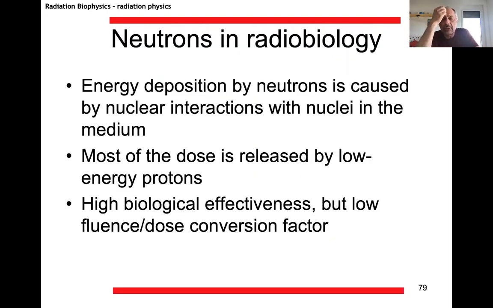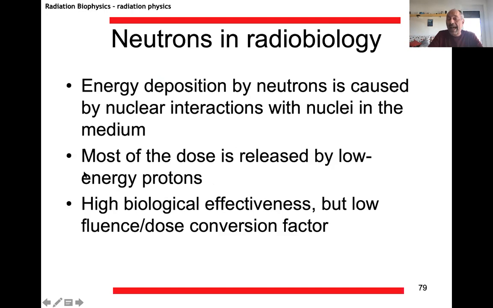The neutrons in radiobiology are characterized by these nuclear interactions, especially with the protons. Low energy protons, which are now charged particles, are relatively high LET. Because the charge of the proton is only 1, the LET is never too high, but you can have LET in the order of 20, 30 keV per micron. And they have a very high biological effectiveness.